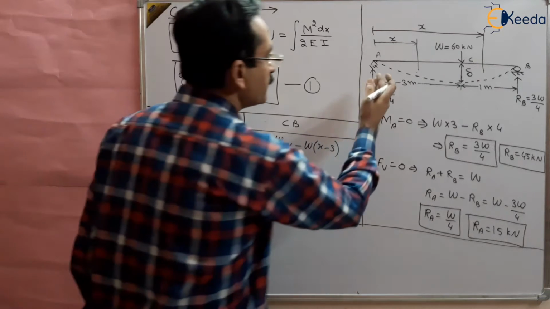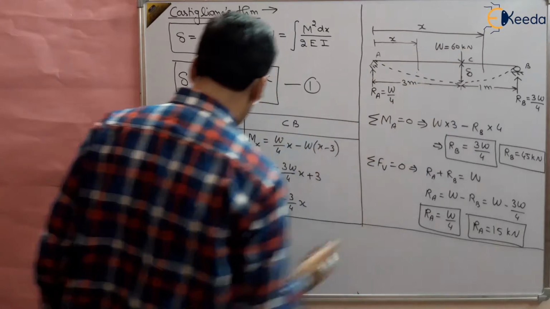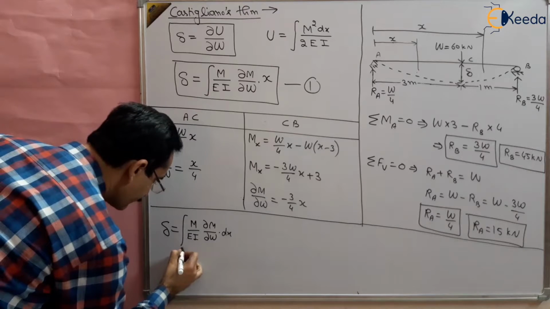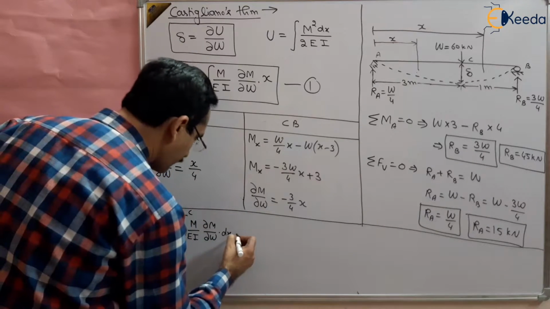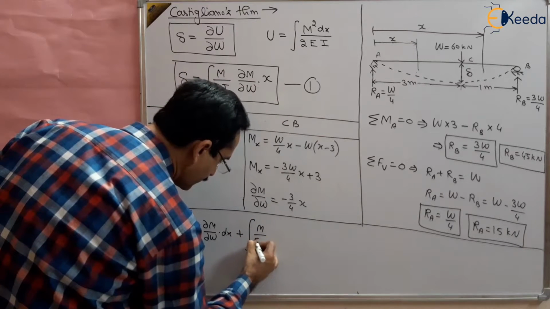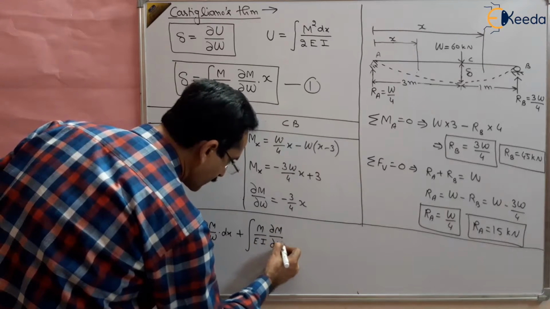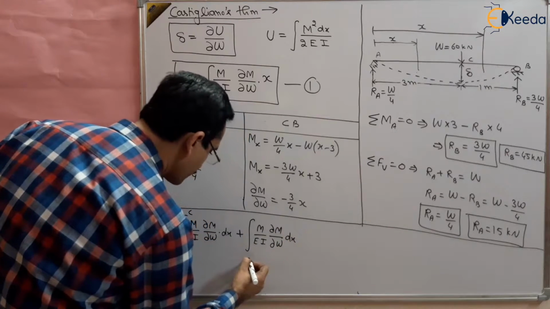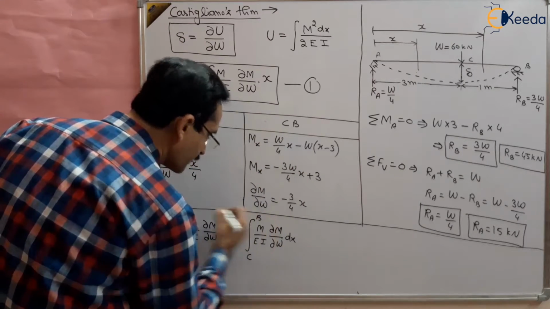From A to C, which is 0 to 3, right? And plus integral of M by EI, del M by del W dx from C to B, right?